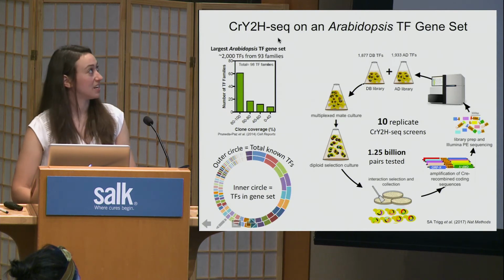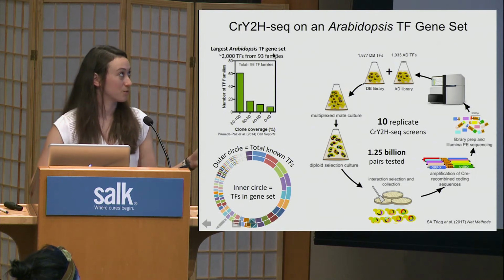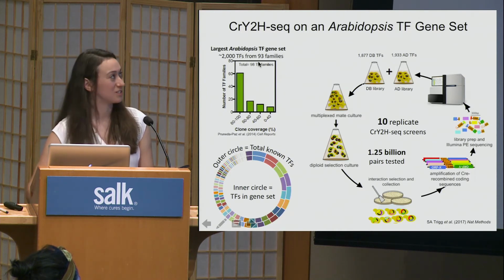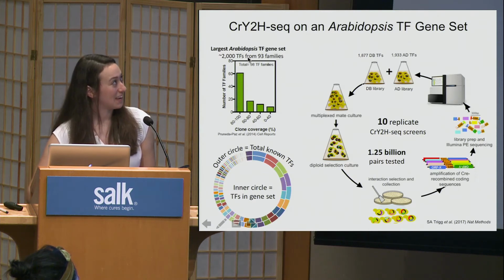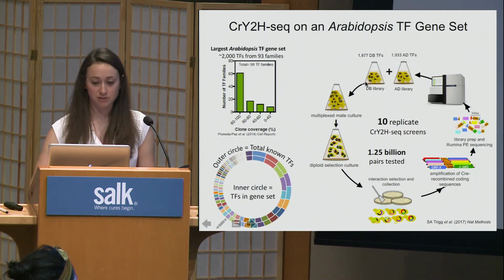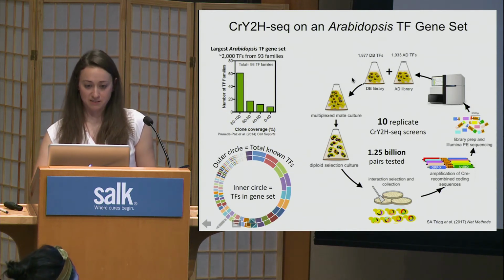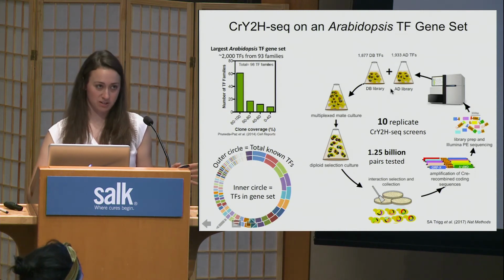And what I did was take a set of 2,000 transcription factors from the largest collection of transcription factors that exists, which was generated by Jose Pruneda Paz et al. And I moved this set of transcription factors into the Cry2H-seq expression plasmids and made the two libraries just like we saw before.